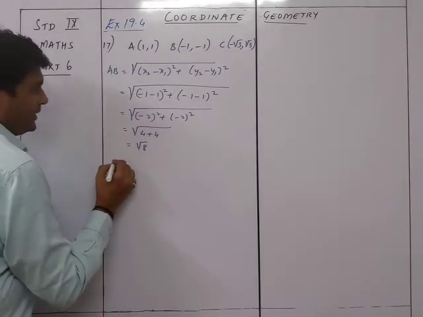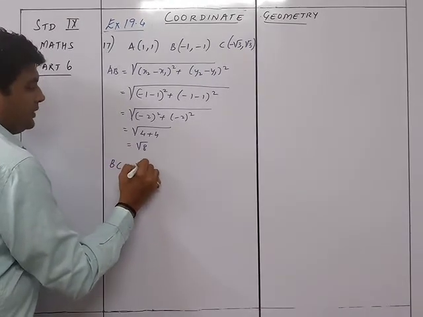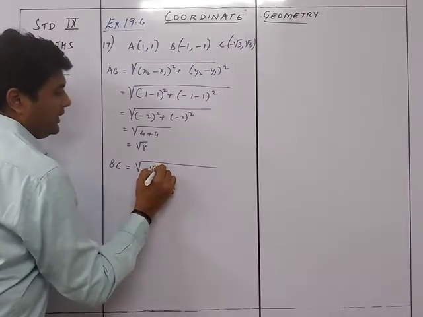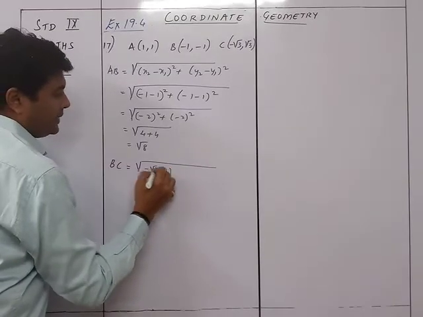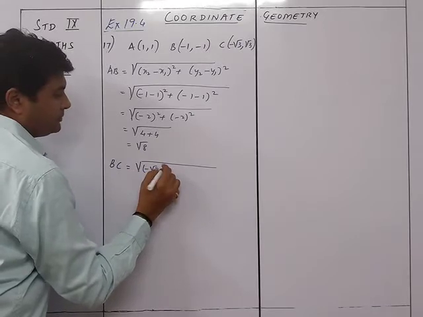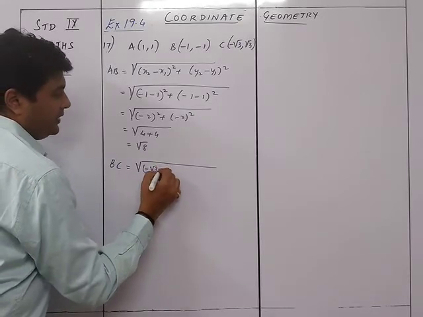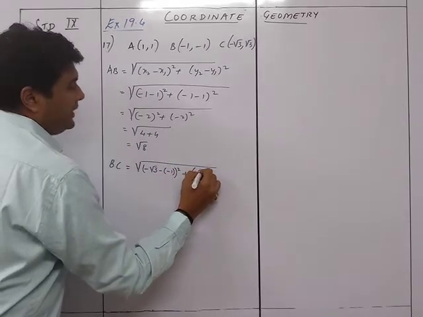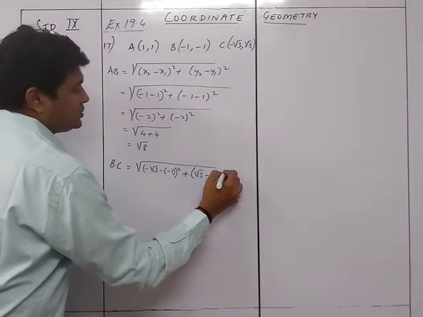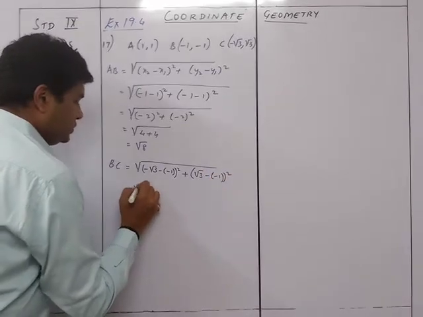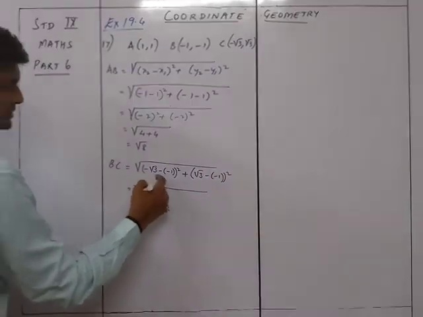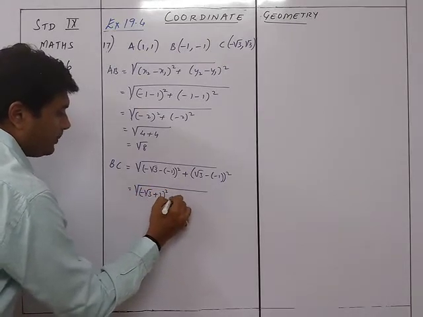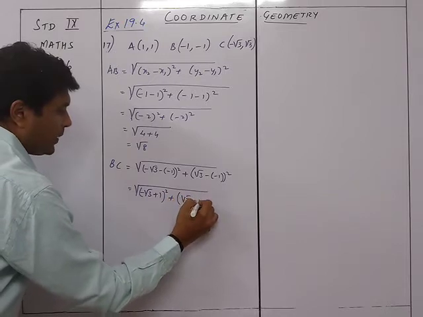Next we find out BC. BC will be minus root 3 minus 1 the whole square plus root 3 minus of minus 1 the whole square. So that will be equal to minus root 3 plus 1 the whole square plus root 3 plus 1 the whole square.